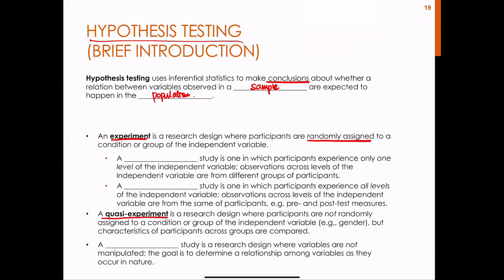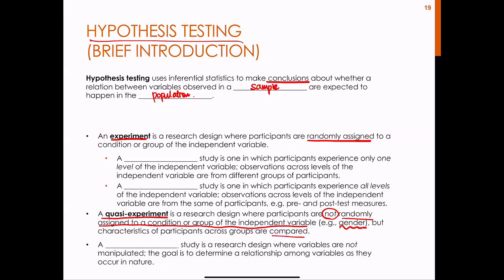This is a research design where participants are not randomly assigned to a condition or a group of the independent variable, like gender. But characteristics of participants across groups are compared.